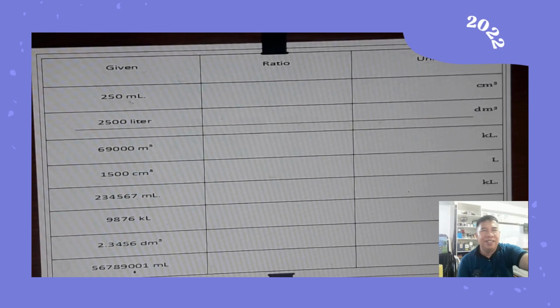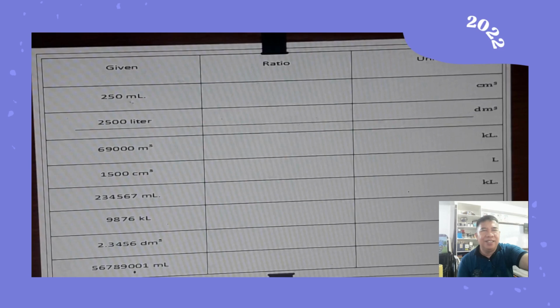Next, 1,500 cubic centimeters to liters. Next, we have 234,567 milliliter to kiloliter. Next, we have 9,876 kiloliter to be converted into cubic decimeter.